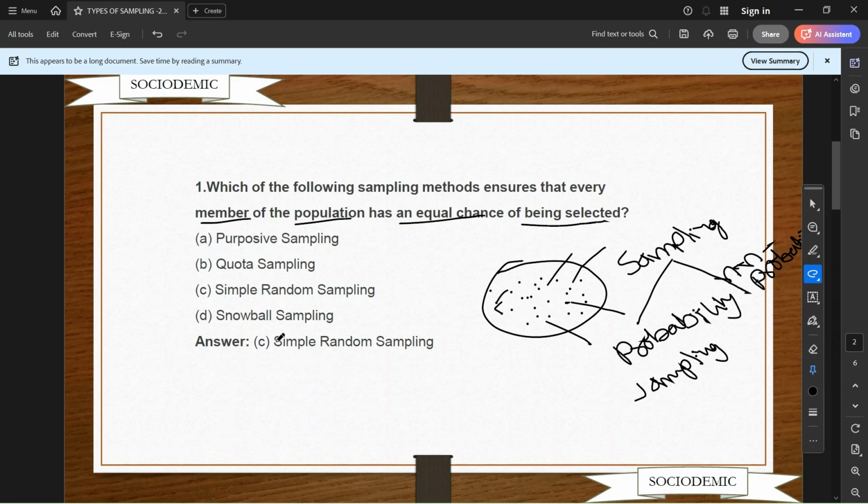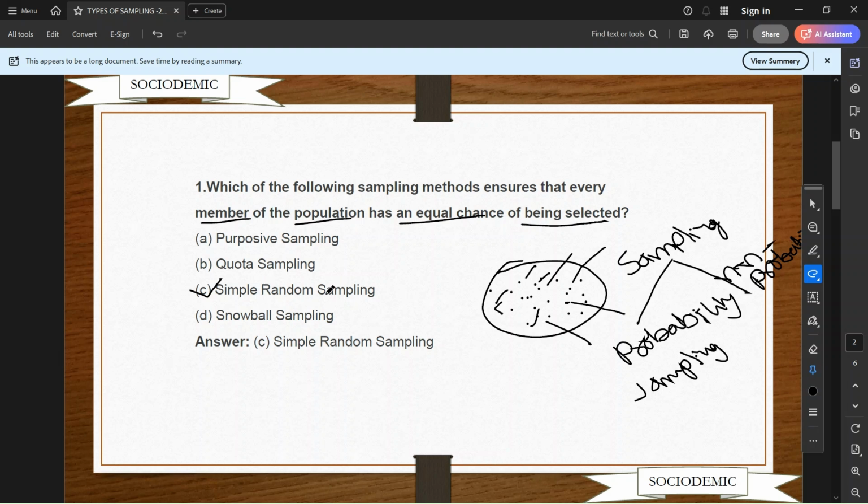This is called simple random sampling. We simply pick this one or this one or this one. There is no formula, there is no procedure. We just randomly pick the person. That is called simple random sampling.